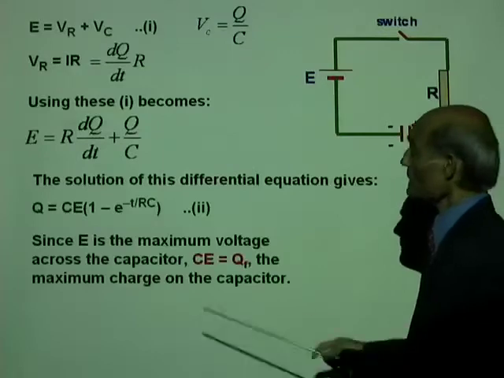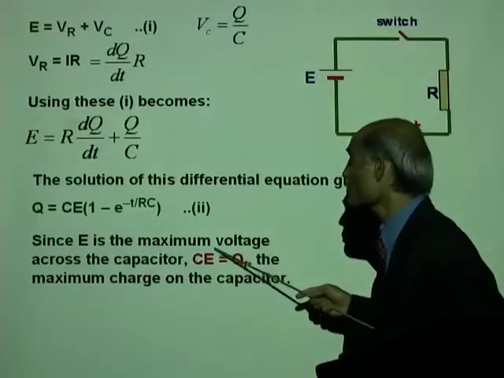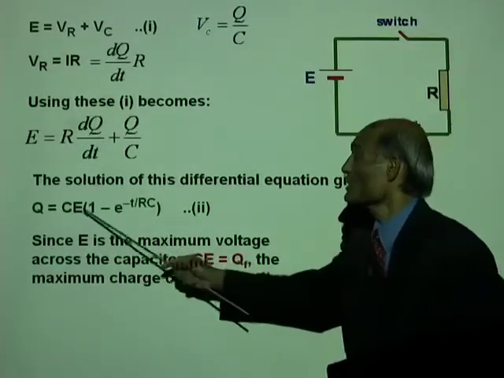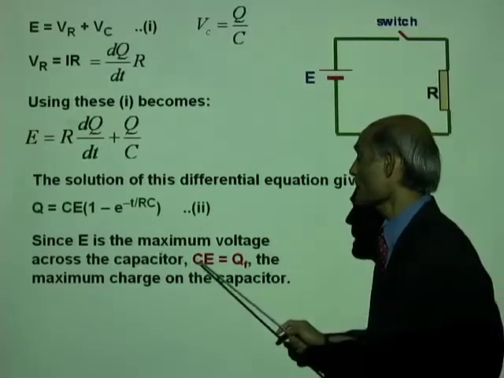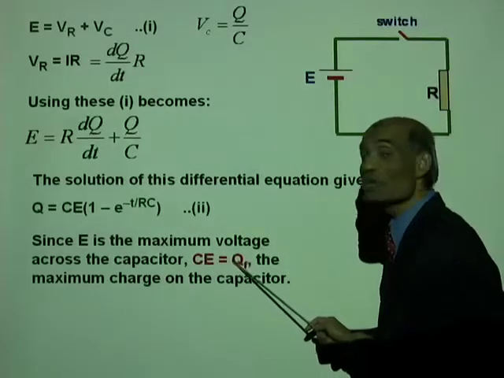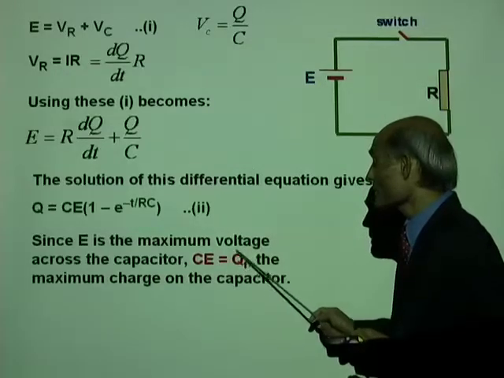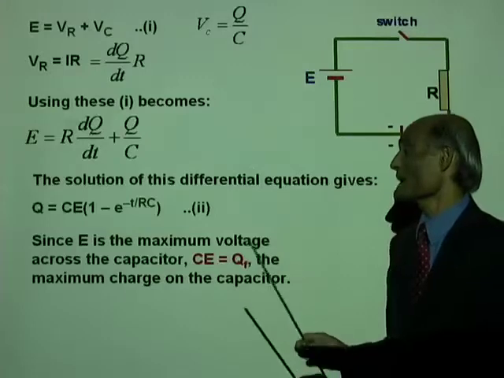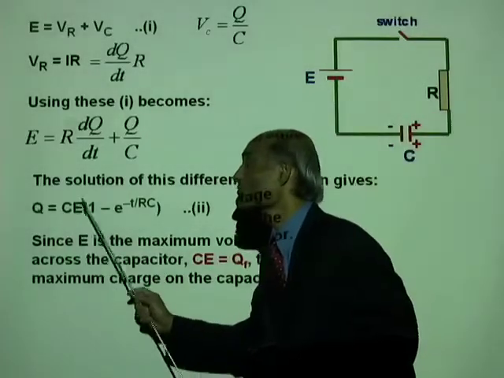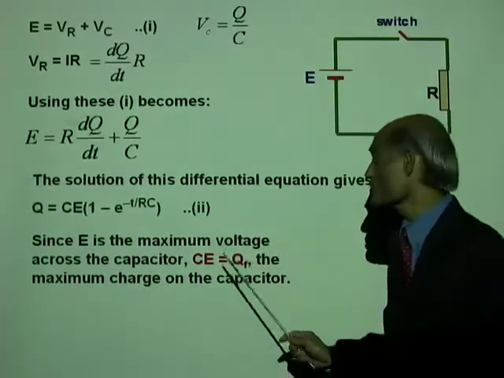Since E is the maximum voltage, the EMF, across the capacitor, CE equals QF. In other words, that is the maximum charge on the capacitor. I can replace CE by QF.